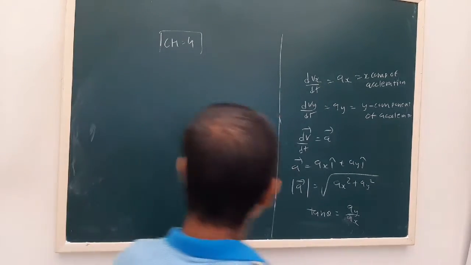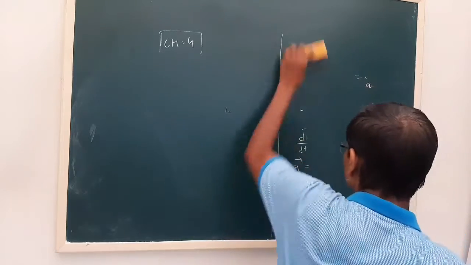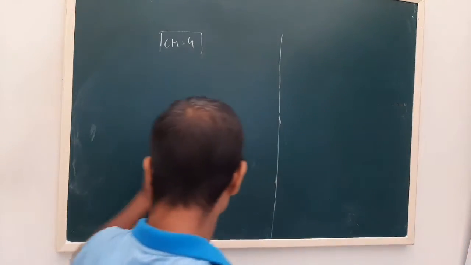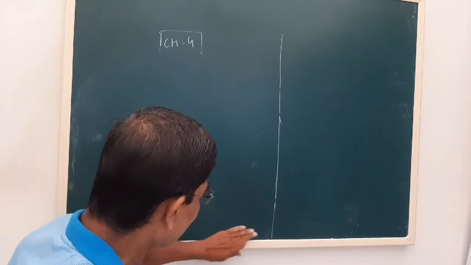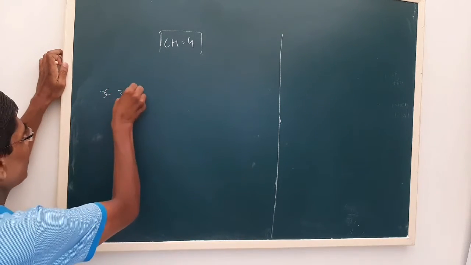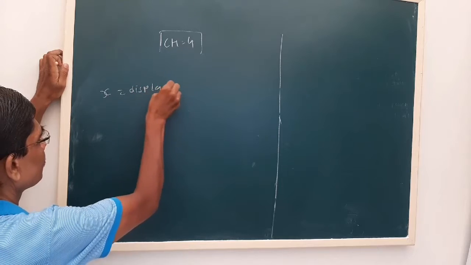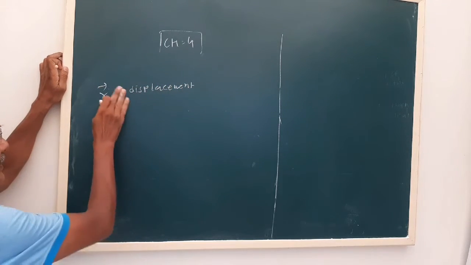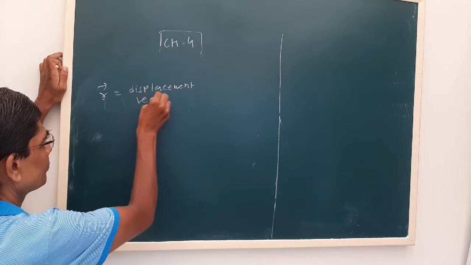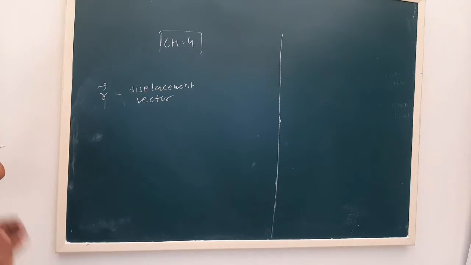Now again we revisit the terms which we used earlier. In third lesson we have seen them a number of times. x is the displacement. Right now we talk in terms of the displacement vector r.